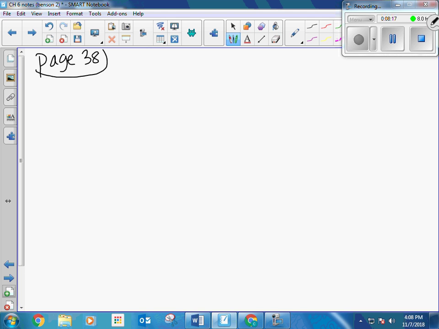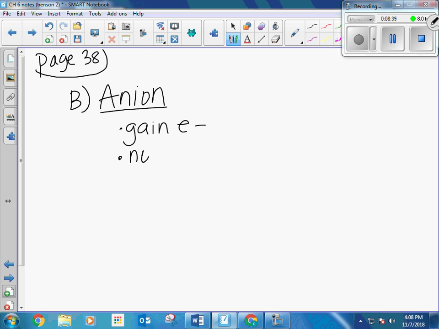And we said that one form of ion was a cation, and the second form is called an anion. Okay, anions are going to gain electrons, and nonmetals are the ones that want to gain electrons.